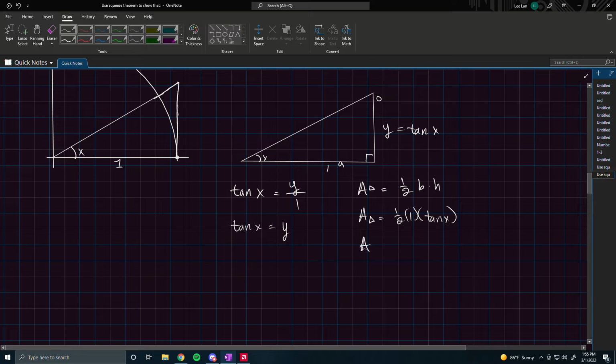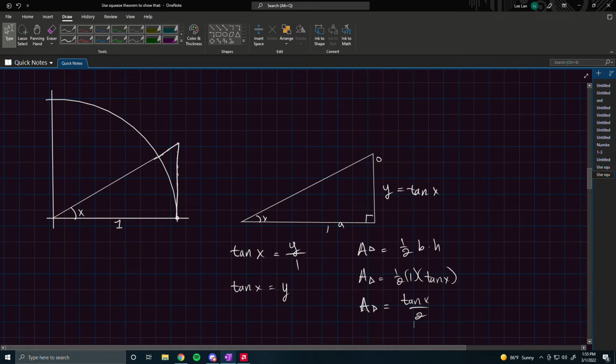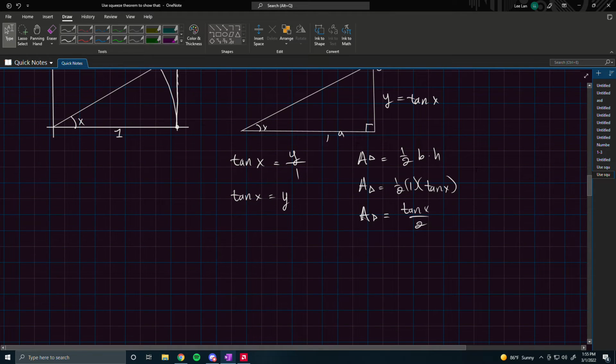So the area of the triangle is equal to tangent x over 2. And we know that tangent x is equal to sine x over cosine x, so this is really sine x over 2 cosine x.